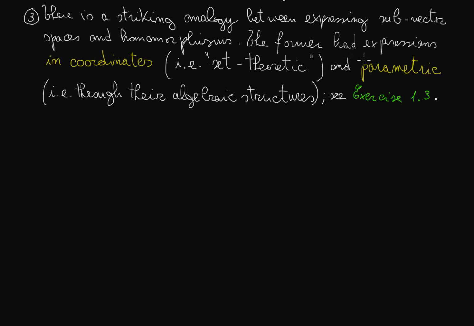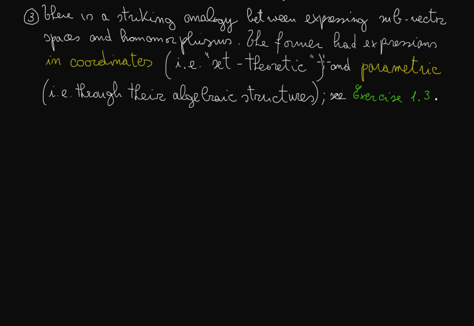The second expression was what we called parametric, and it was the one actually using the algebraic structure of a subvector space. A subvector space is not just a subset of a vector space. It's a subset with algebraic structures on it, which are induced from the big vector space in which the subset is embedded.